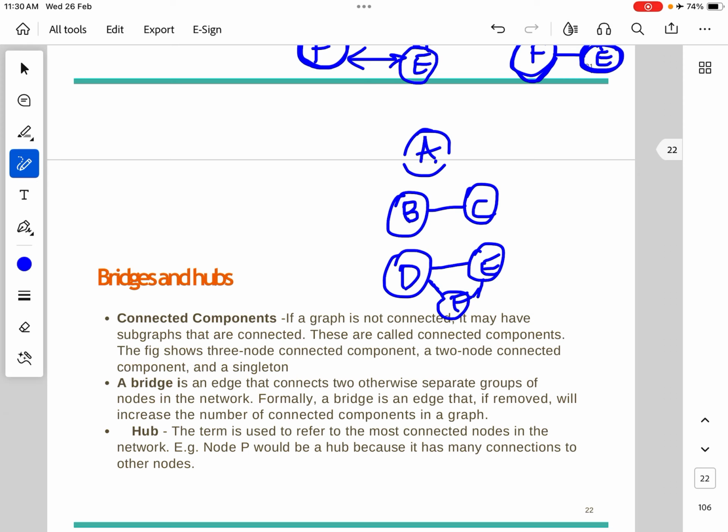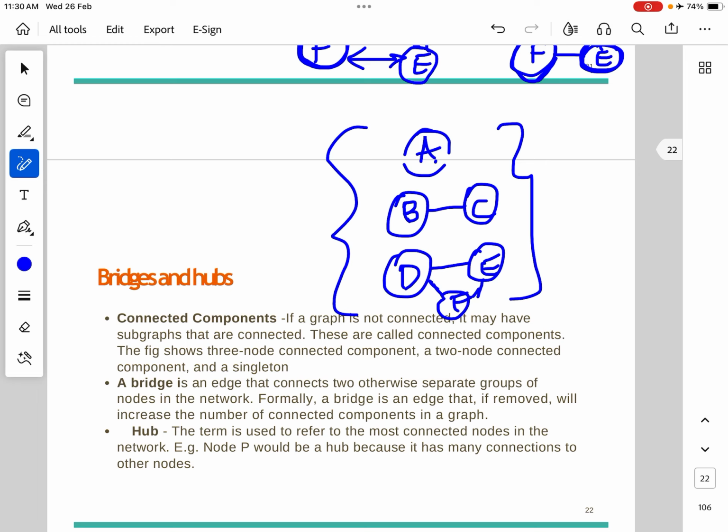If you take each as an individual component, then these all form the connected components. So this is an entire graph broken into components.